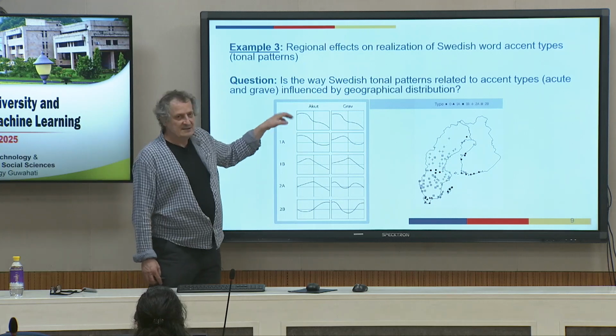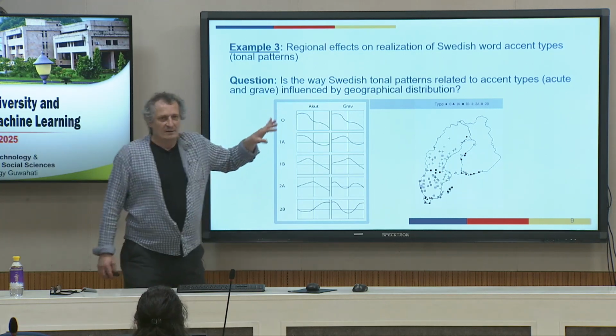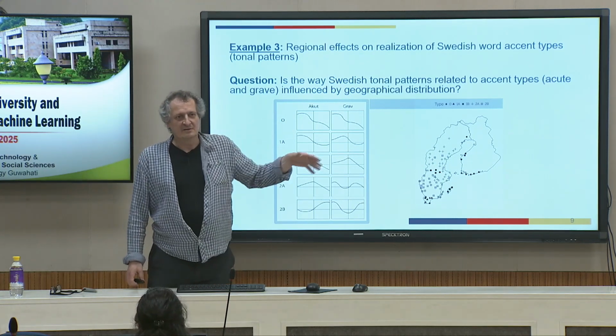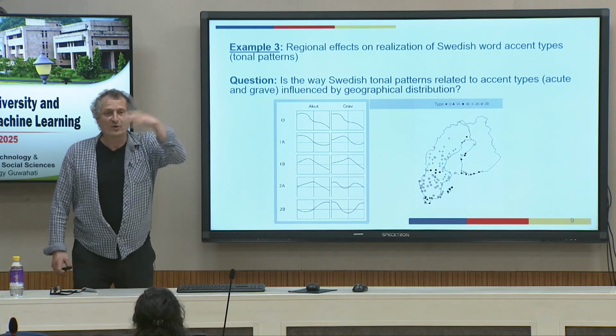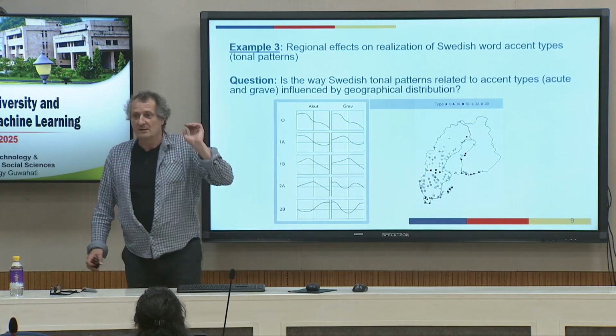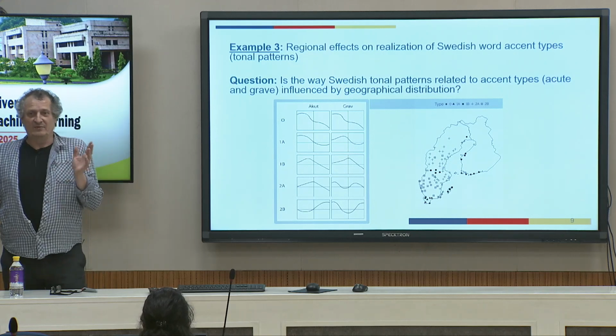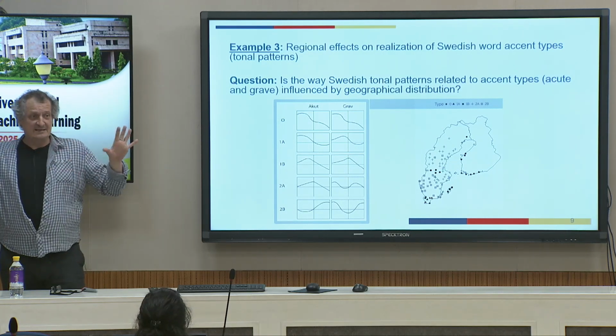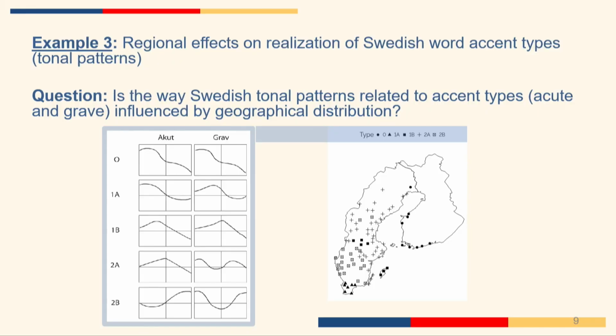So it's either acute and sounds like, let's say, a rising intonation, like dollar, or has a falling intonation, more or less, or some other type of intonation, like kronor. And the way these two different accent type templates are realized is different in different parts of Sweden.